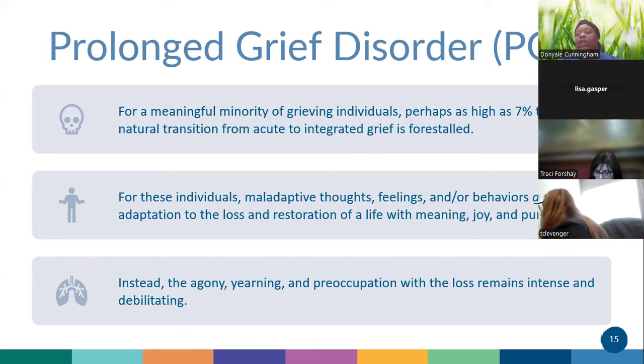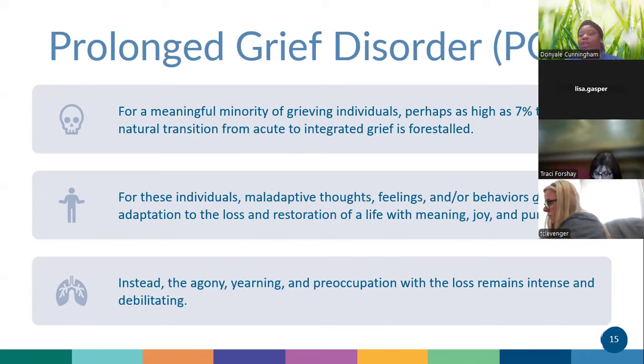So a significant portion of people experiencing grief, roughly 7 to 10% of the bereaved population, may not progress naturally from the initial intense stage of grief, so acute grief, to a more integrated state where they can accept the loss and continue to move on with their lives, potentially becoming stuck in a prolonged grieving process due to various factors. So again, everyone isn't able to move out of that acute grief and be accepting. It takes some people a little bit longer than others to do that.